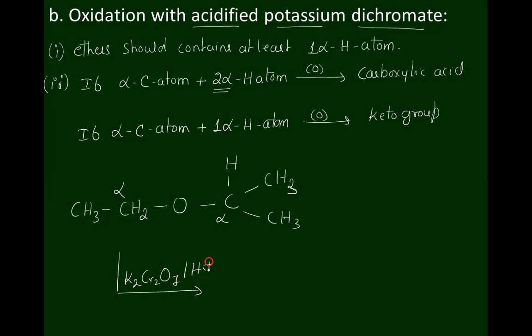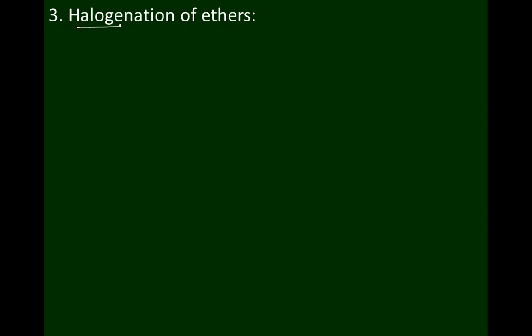In this, one alpha carbon atom contains two alpha hydrogen atoms, therefore it gets converted into CH3COOH plus, and this alpha carbon atom contains only one hydrogen atom, therefore it gets converted into the keto group, CH3C=O CH3. Please note it down. Next, coming to halogenation of ethers.